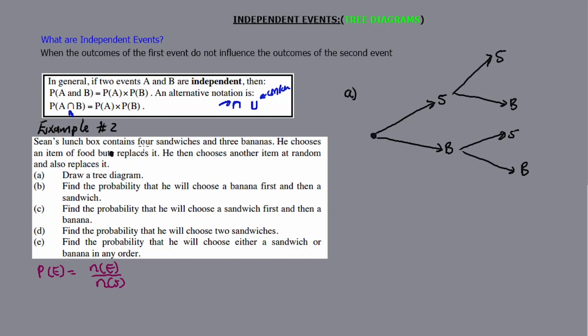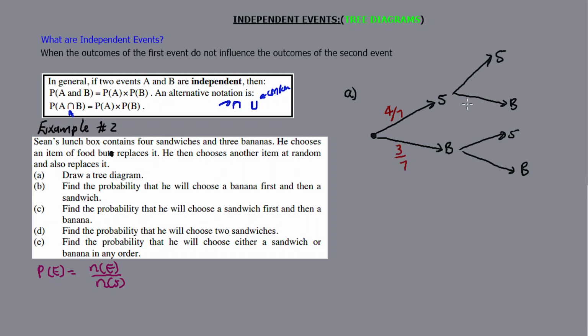So our sample space is 4 plus 3, which is 7. So the probability of choosing a sandwich is 4 out of 7 items in the sample space, which is the lunchbox.